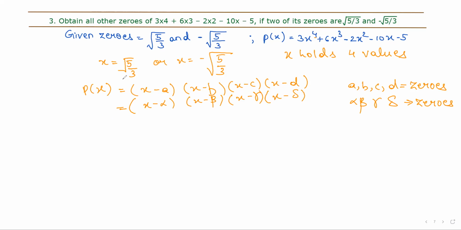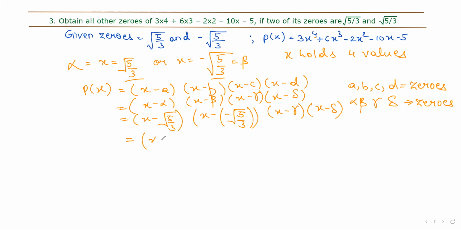Two of these are given to you. So let's say this is alpha and this is beta. So x minus root of 5 by 3, x minus of minus root 5 by 3, and x minus gamma, x minus delta.